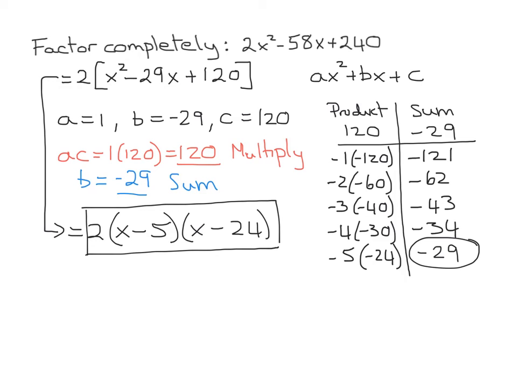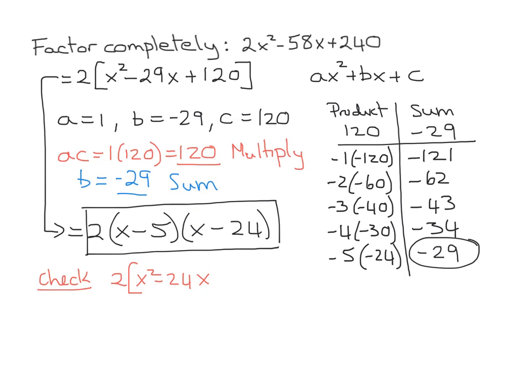If you want, at the end of the problem, you can check it by multiplying it out. So I'm going to get 2 times, and now I'm going to FOIL this out. X times x is x squared. X times negative 24 is minus 24x.